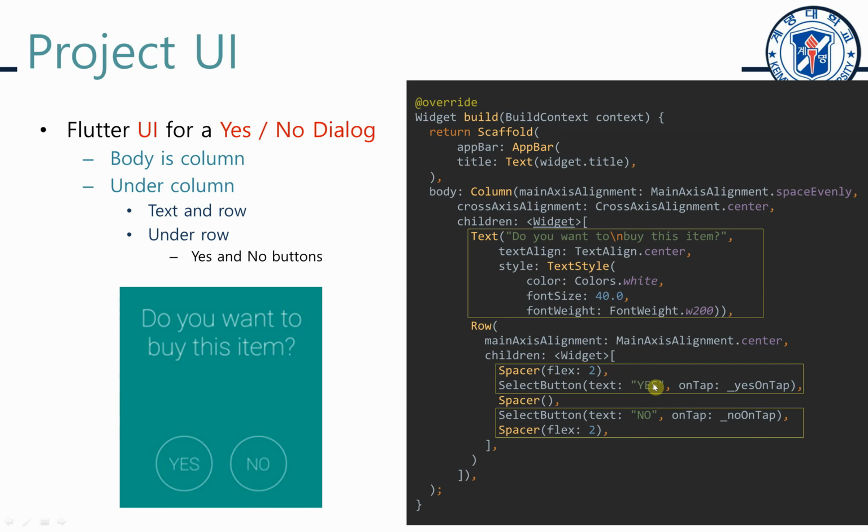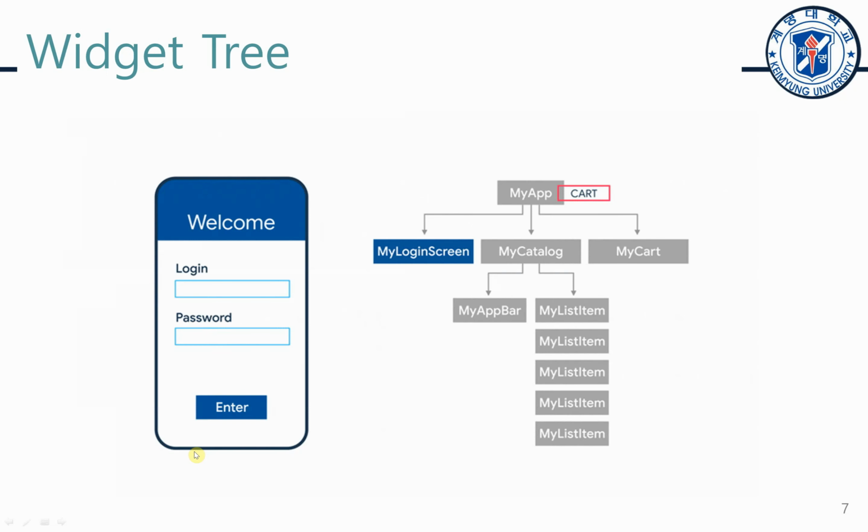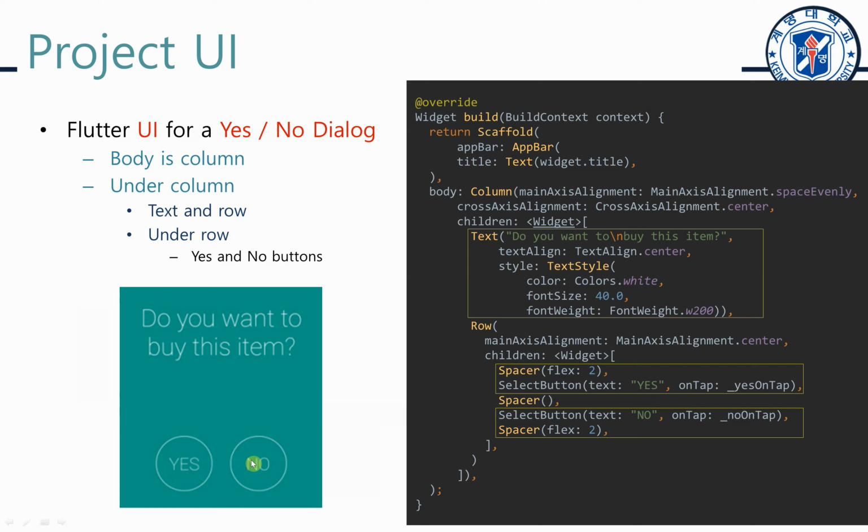And what happens to that selection button? For instance, here the text of the button is yes, and this method, yes on top, will be called when I touch this button, and no on top will be called when I press this button.